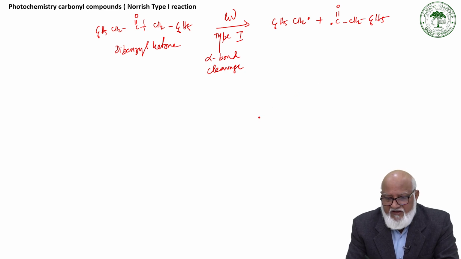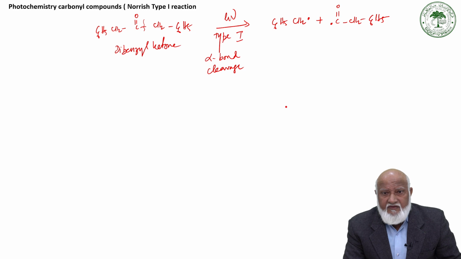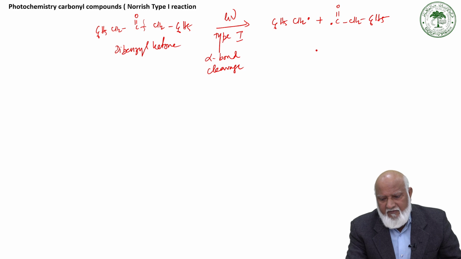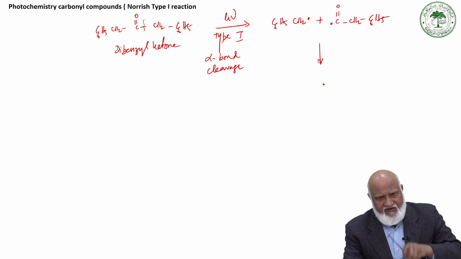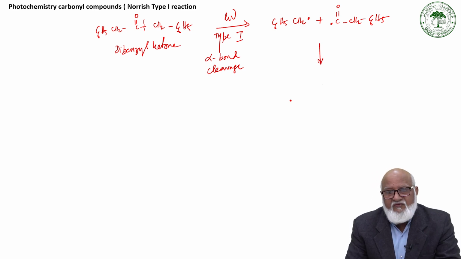Now, the alpha bond cleavage of this ketone to give these two radicals was well established by trapping with tetramethyl piperidine N oxide radical, which is a very good trapping agent.